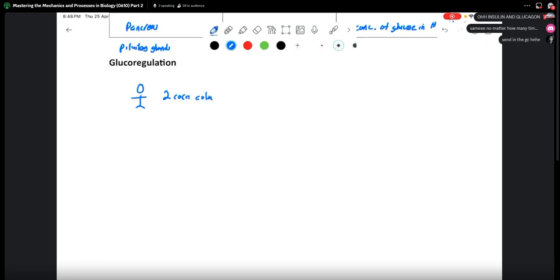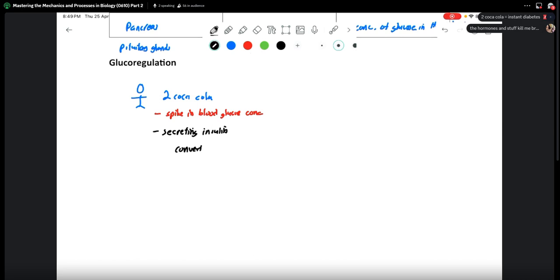Coca-Cola is very high in sugar, and of course it's simple carbohydrates, therefore it can cause a spike in the blood glucose concentration. So how the body is going to respond is by secreting the insulin.